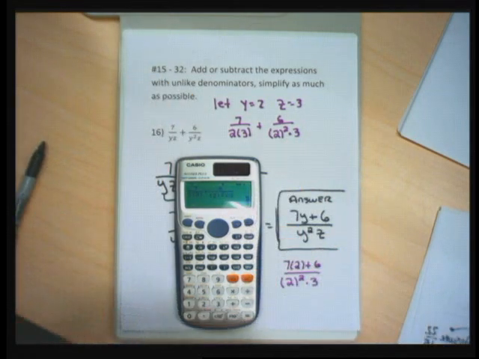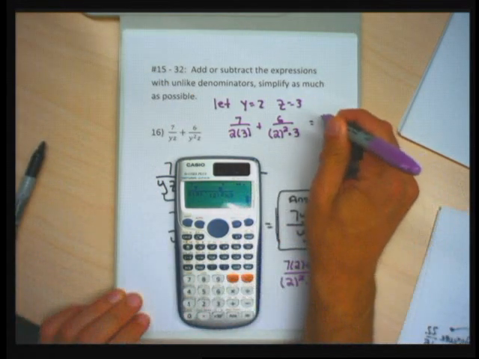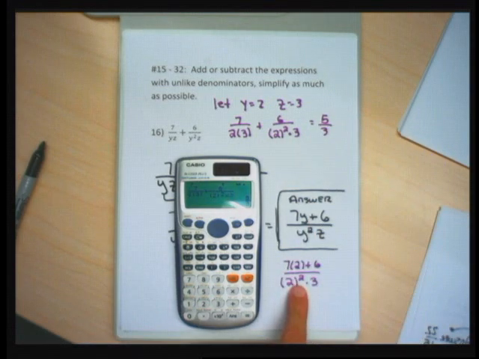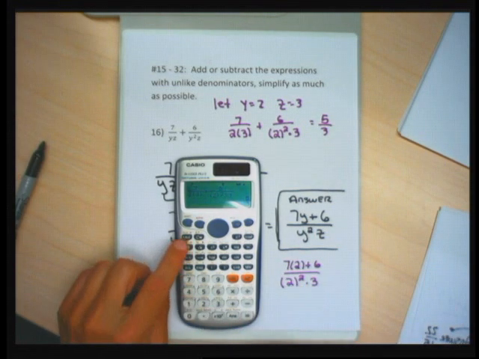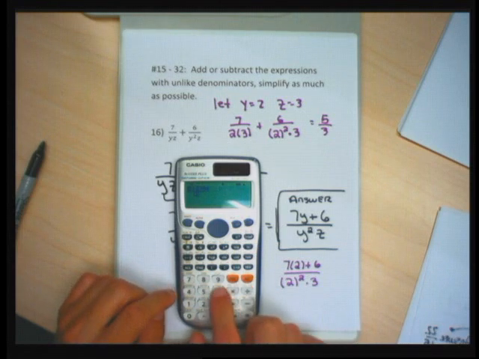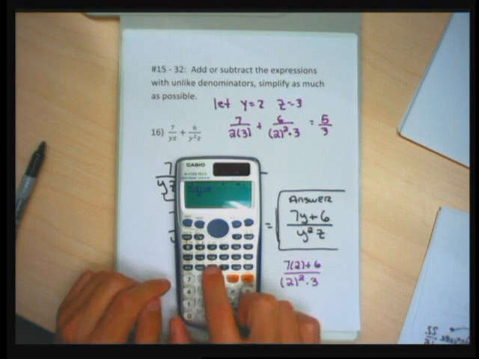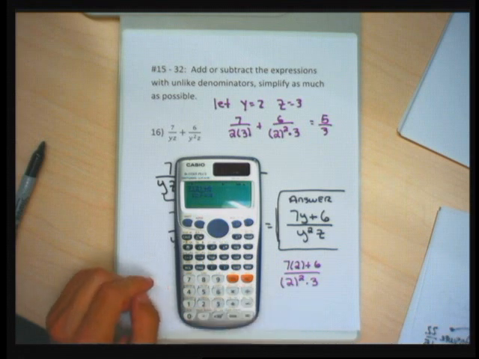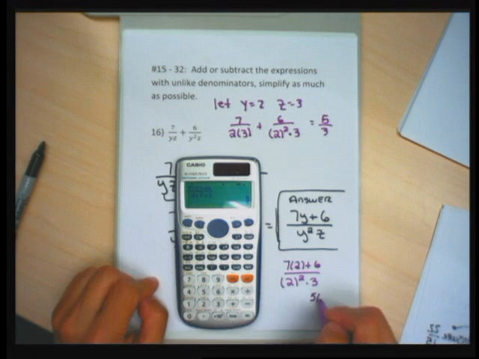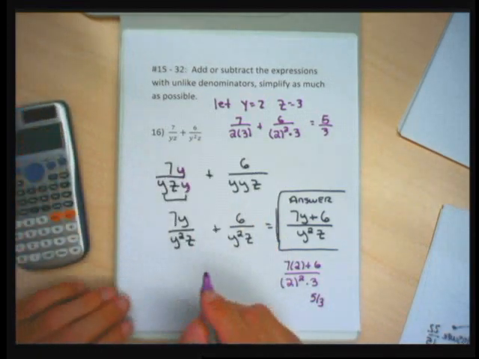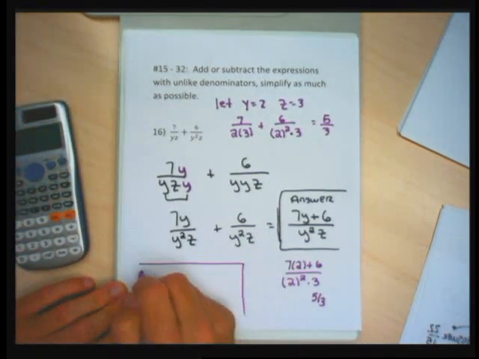And when I do this, I get 5/3, which means I better get a 5/3 when I do this bottom computation. So for the bottom computation, I go 7 parentheses 2 plus 6 over parentheses 2 squared times 3. And when I do that, I also get 5/3. So my answer is correct, and this would be completely wrong. If you did this, this is a common error.